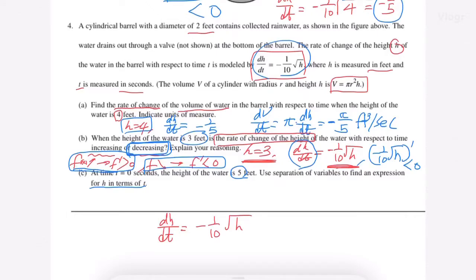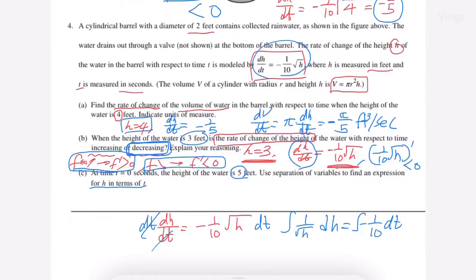I'm going to use separation. I'm going to multiply by dt on both sides first, and then divide by square root of h on both sides. So 1 over radical h dh is equal to negative 1 over 10 dt. That makes sense, right? And then put the integral on both sides.